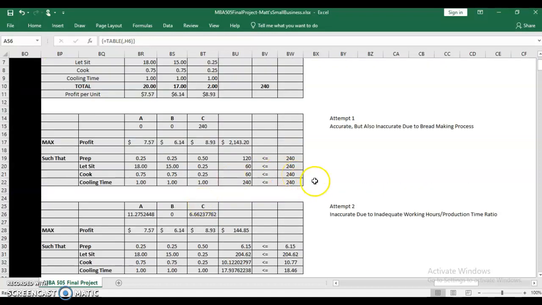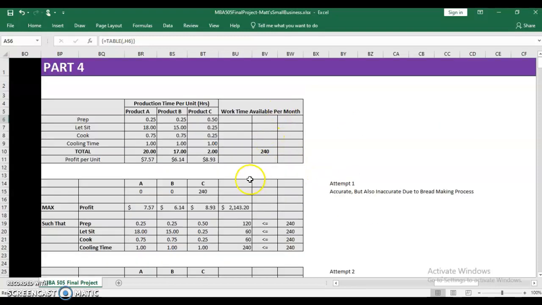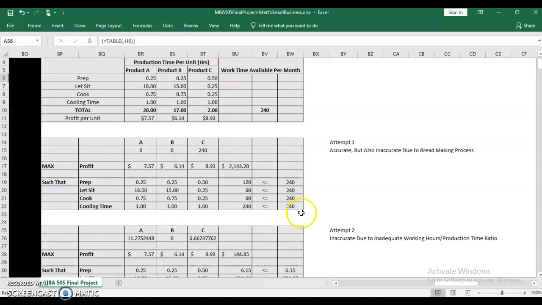I had some issues because Solver doesn't incorporate, at least to my knowledge, the process element of the manufacturing process, where it assumes, almost in a Gantt chart structure, one happens after the other, perhaps in proportion. Bread making is something where I really only have to work during my prep phase, and then let sit, cook, and cooling time, the bread's just sitting there.